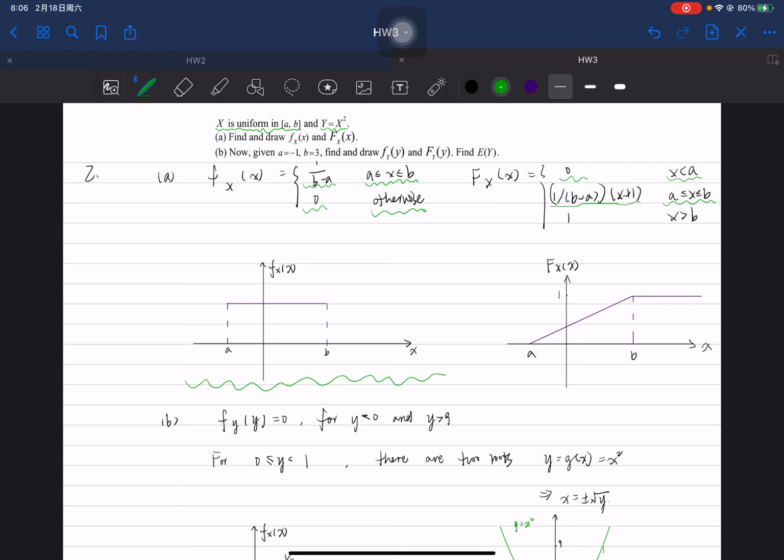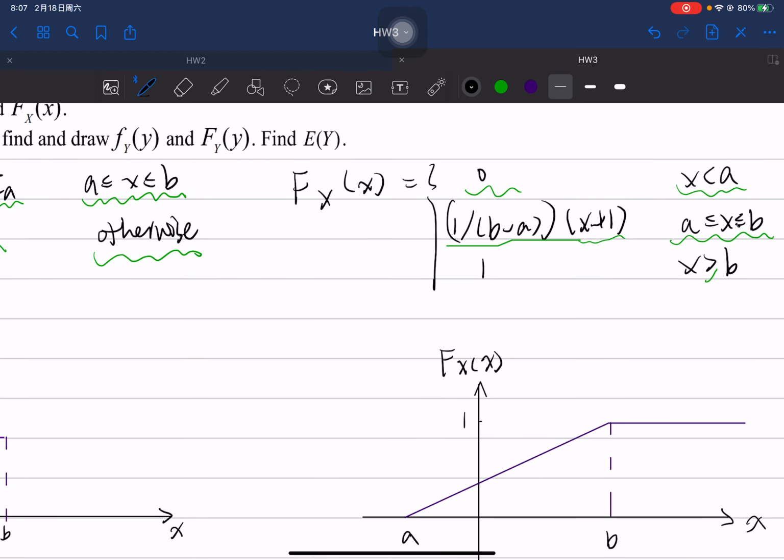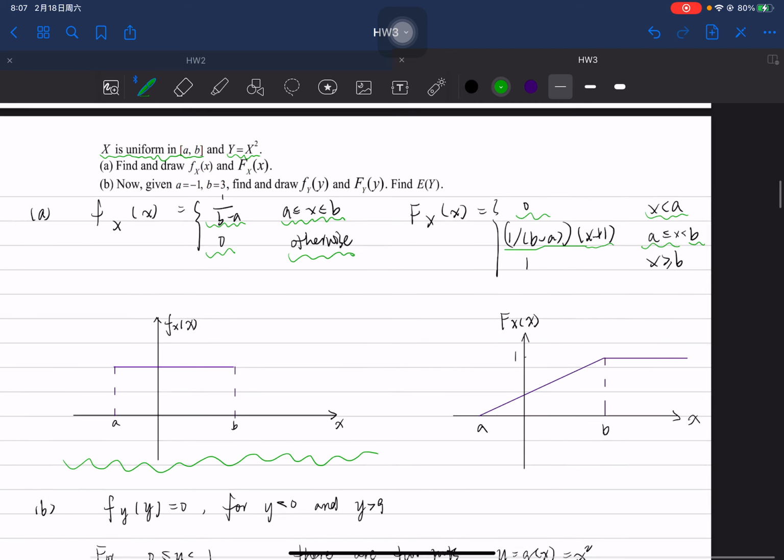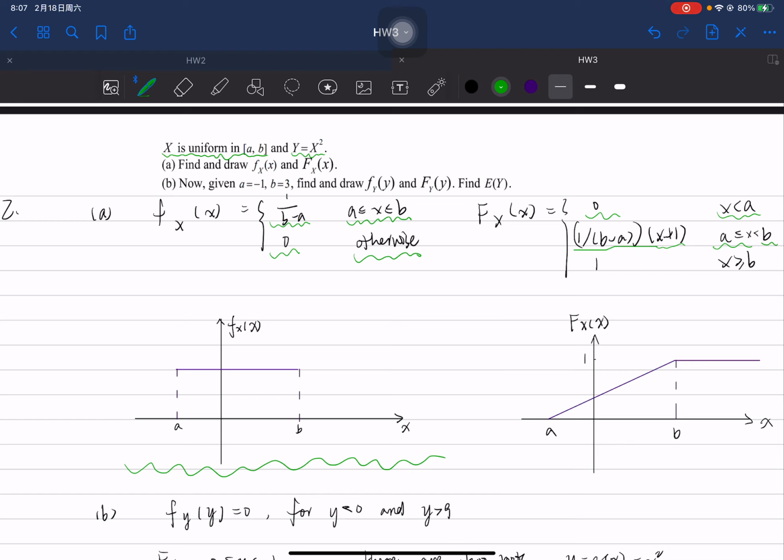When X is greater than B, the cumulative distribution function should equal 1.